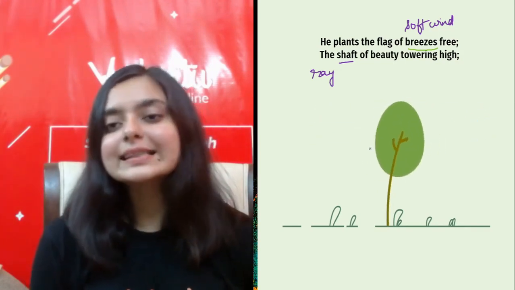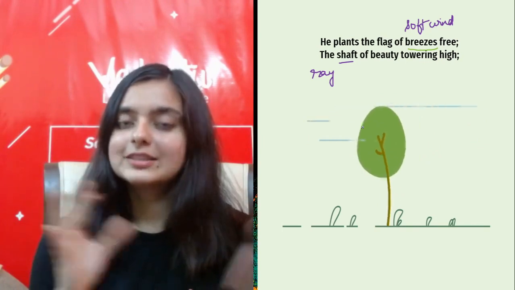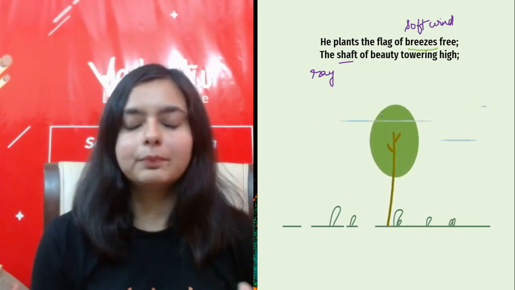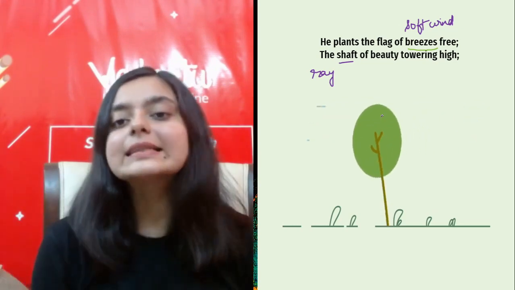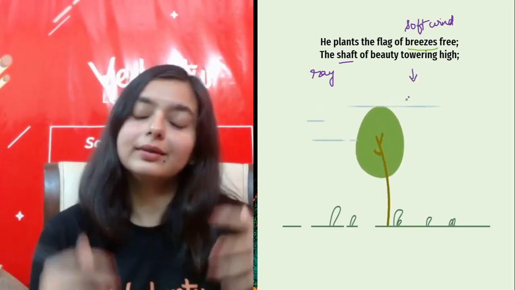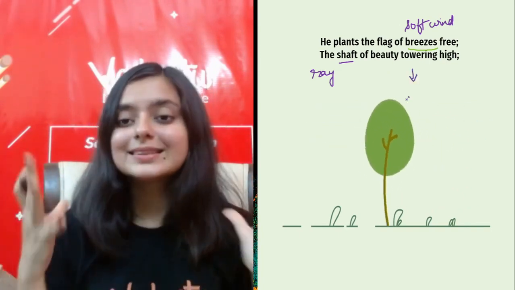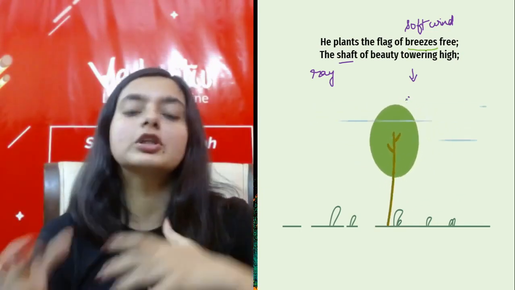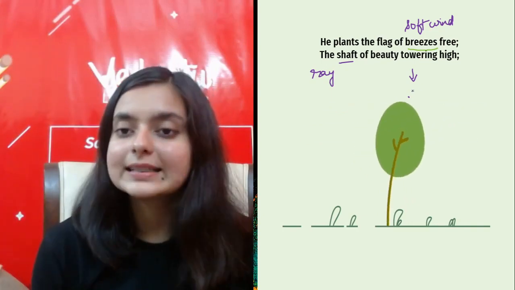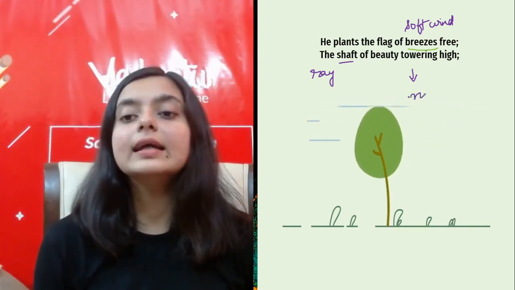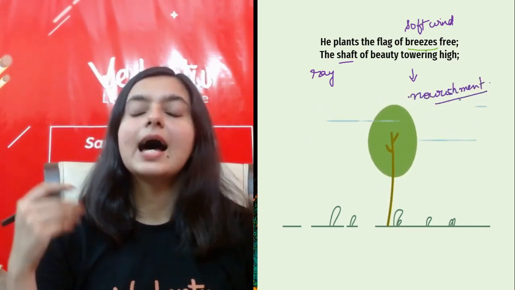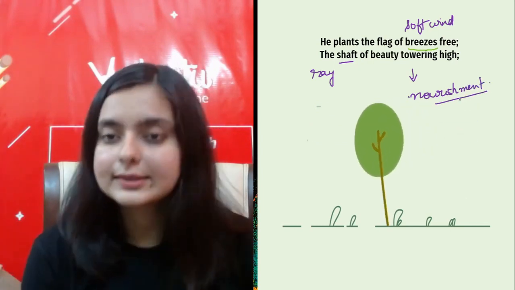So this is compared to a flag swaying. The poet is comparing the plant swaying in the breeze with the flag. The sight is very pleasant, because it seems as if it is reassuring the nourishment that it provides.